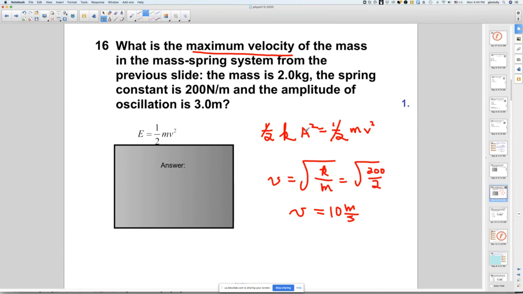No, I forgot A, and I made a mistake here, guys. I forgot A completely. So v equals the square root of k over m, times A. There's a 3 here, and now this comes out to 30 meters per second.